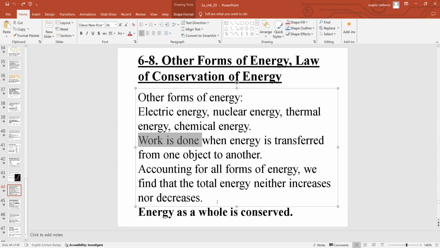And once again, good news, the overall principle of conservation of energy says that no matter what you do, you can't get energy out of the blue for no reason, and you can't lose energy for no reason. There's got to be some kind of a transfer of energy if you have a change in overall energy value. With no energy transfer to or from the system, energy is conserved.